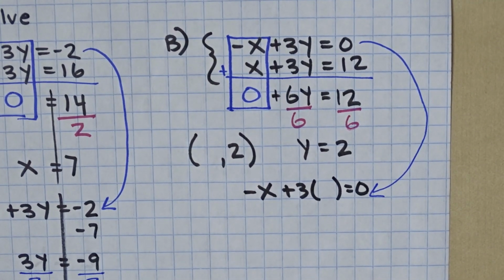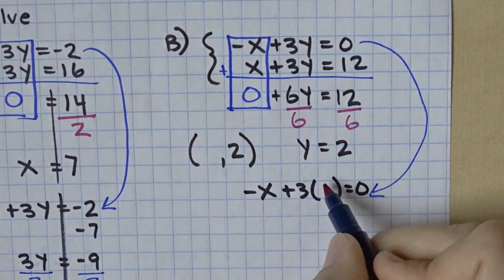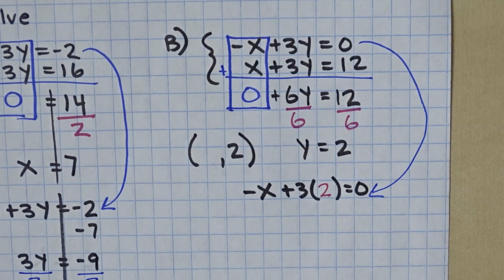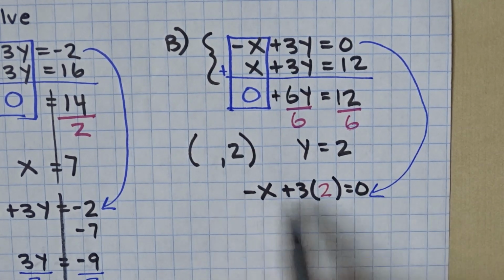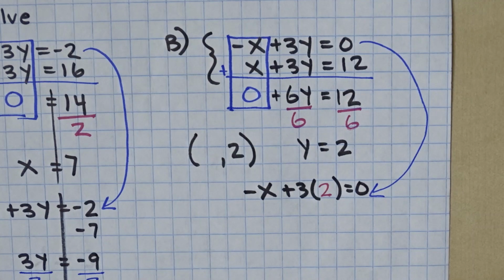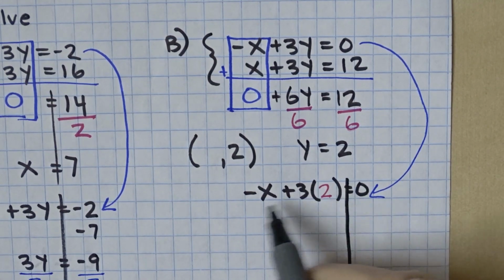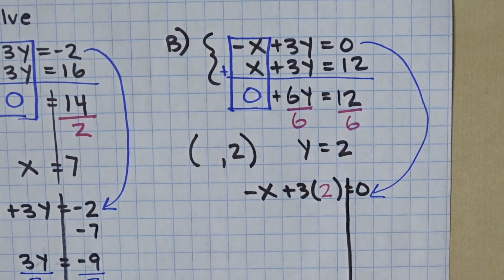All right, so now instead of putting a y in there, we're going to put a 2, the one we just found. And by doing that, my equation now only has an x variable, and I can focus on finding it. Before, when it was a y here, I was like, what? I can't do two variables at the same time.